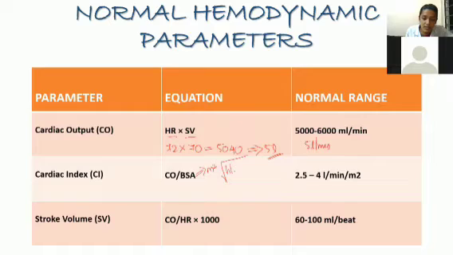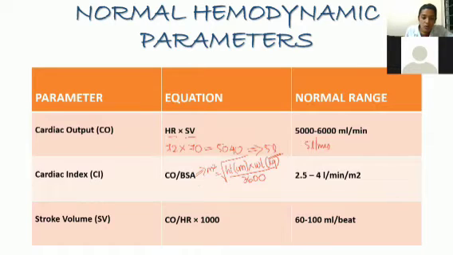The formula is body surface area in meter square equals the square root of height in centimeter into weight in kg divided by 3600. This is for calculating body surface area.